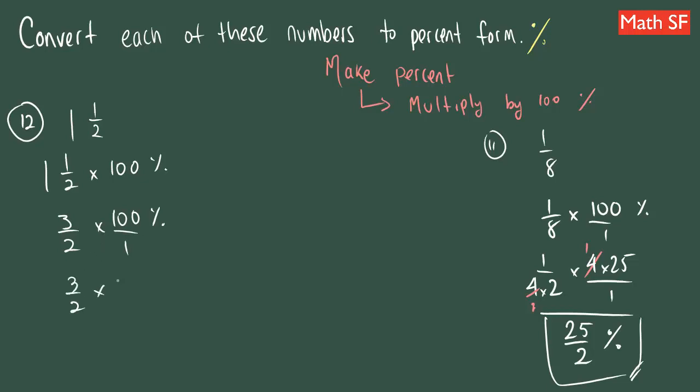Well, that 100 is 2 times 50, and that 2 and the 2 can go away. So you're only left with 3 times 50, which is 150%. The bottom was 1 over 1 is 1. Having over 1 is the same thing as just having 150. So your final answer should be 150%, because they want you to convert this with a percent sign.